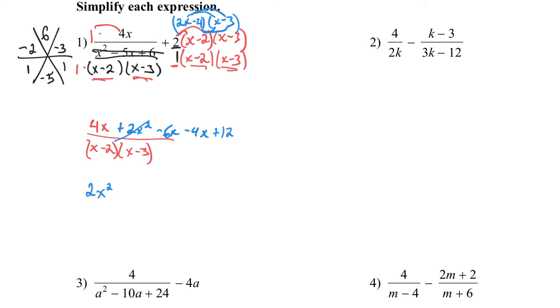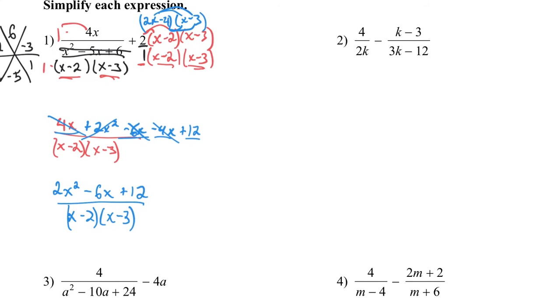And I've got some x terms to add together. Well, the 4x and the -4x will just cancel each other out. So I can just drop down the -6x. And then I just drop down the 12. And then write my common denominator underneath it. And then I'm all set.